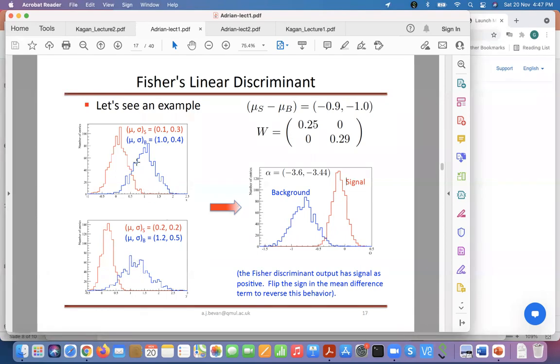Individually, you could have applied a cut here, but now you go here, and you see the net overlap has reduced, right? Well, I think you have to really integrate it out and then see.